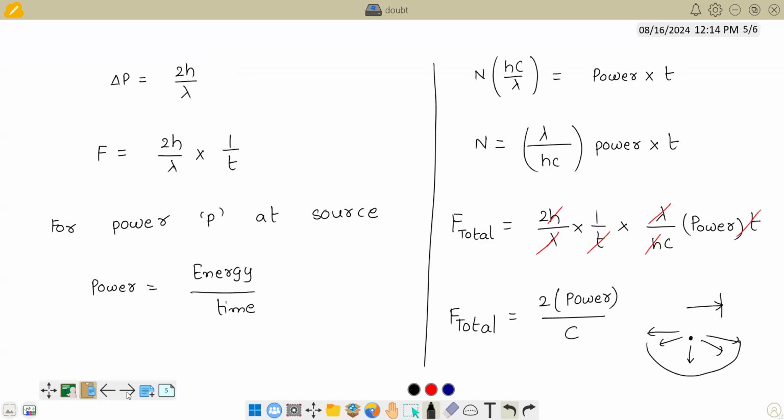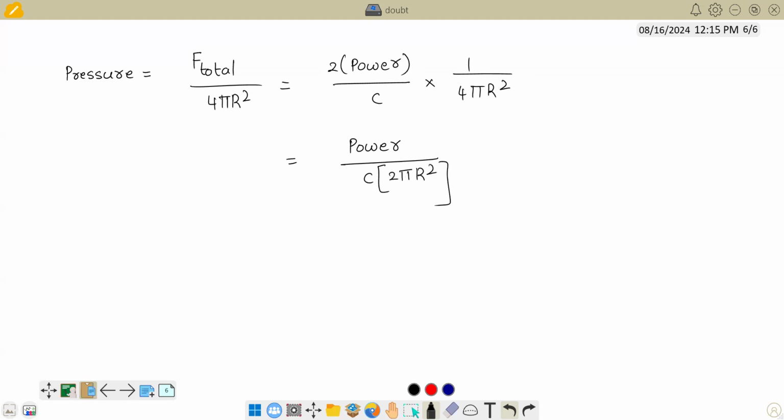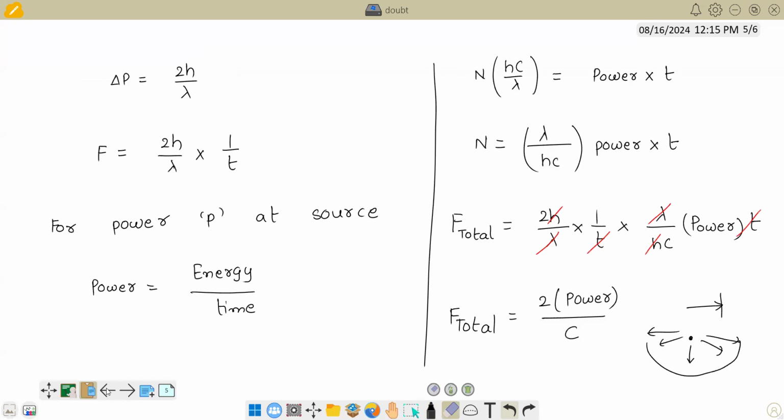So you will get 2 into power divided by c into 1 by 4 pi r square. If I solve this, you will get power divided by c into 2 pi r square. But since we are talking about the total area, why?